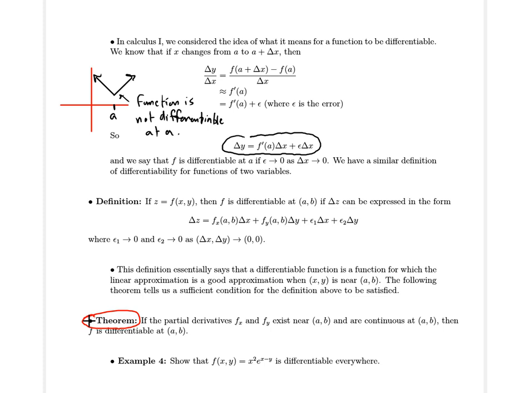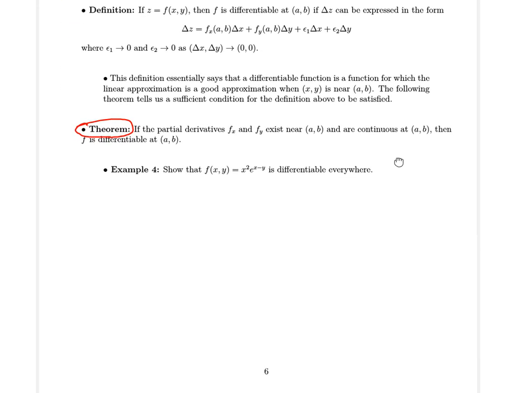That's a theorem we're not going to bother to prove, but what that means for us is, if we're asked if a function is differentiable, and this is the one we found a tangent plane to earlier, remember? If I want to show it's differentiable, in this case everywhere, then all I have to do is calculate the partial derivatives. And remember, we did this already, right?